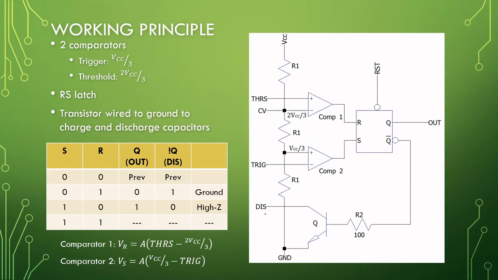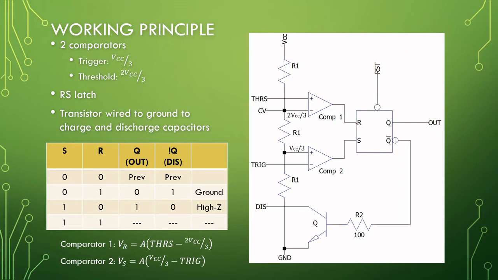Right, then this pin here called discharge is typically connected to the capacitor to discharge it, so creating either a path to ground for a discharge, or it can be at high impedance, so basically there is nothing here.